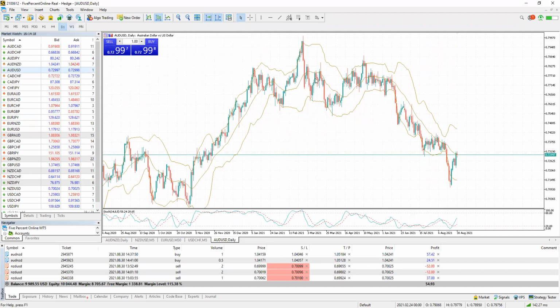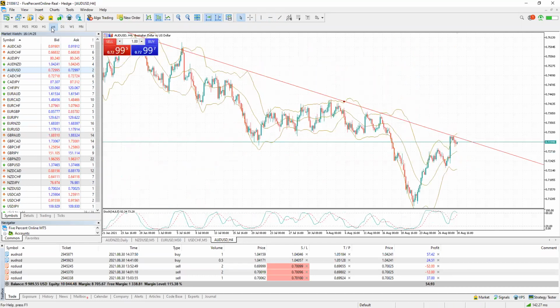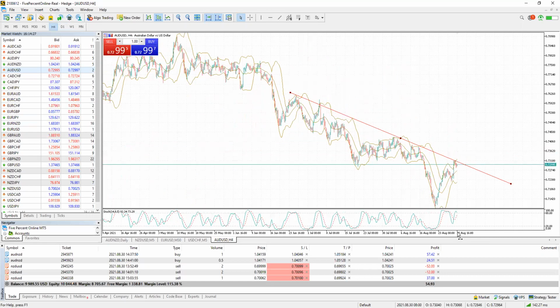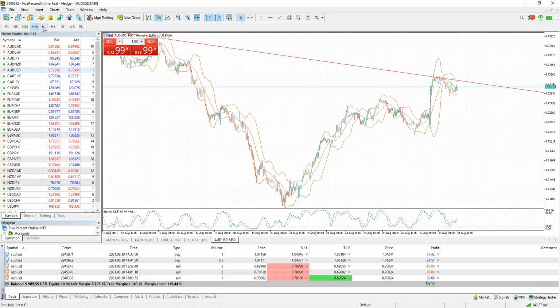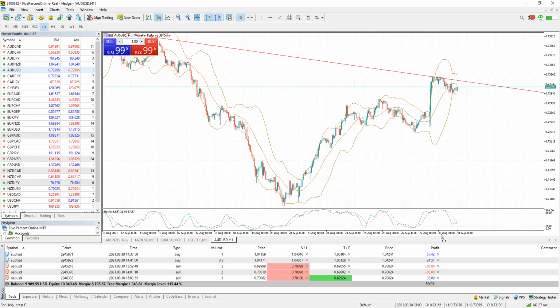I think it's interesting here on the daily. And on the H4, we have this trend line that is very clear here. So all the time we make a lower high. Okay. And actually we are approaching this zone here.